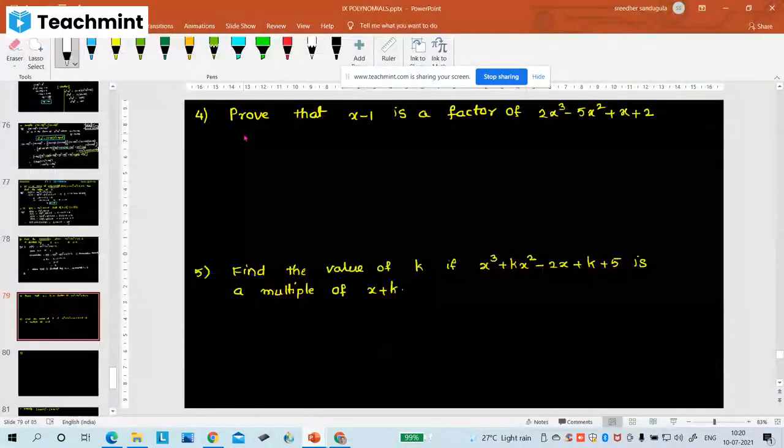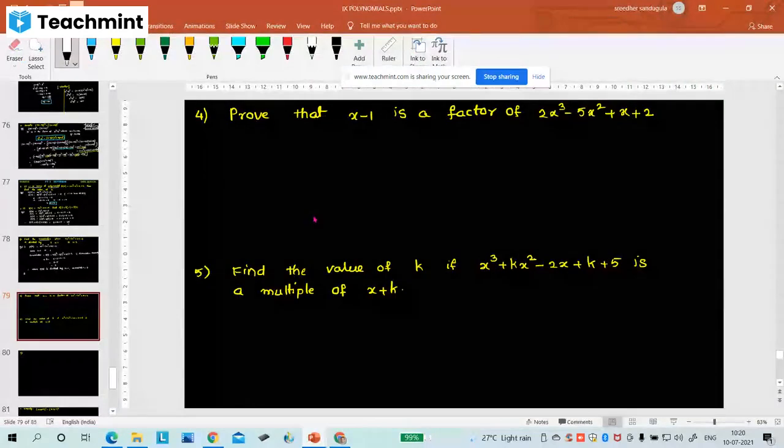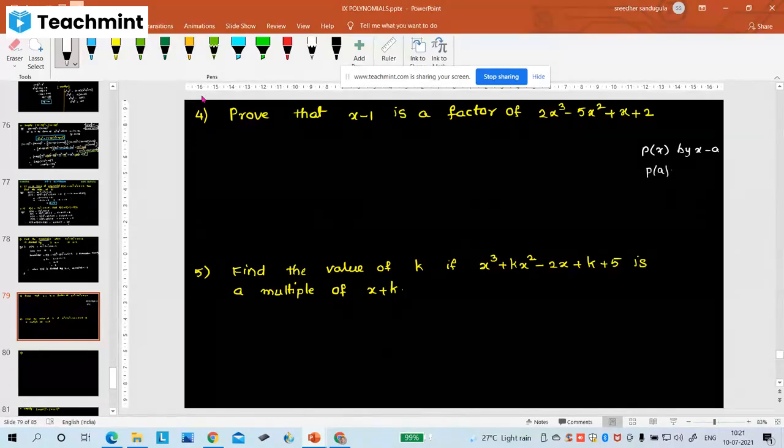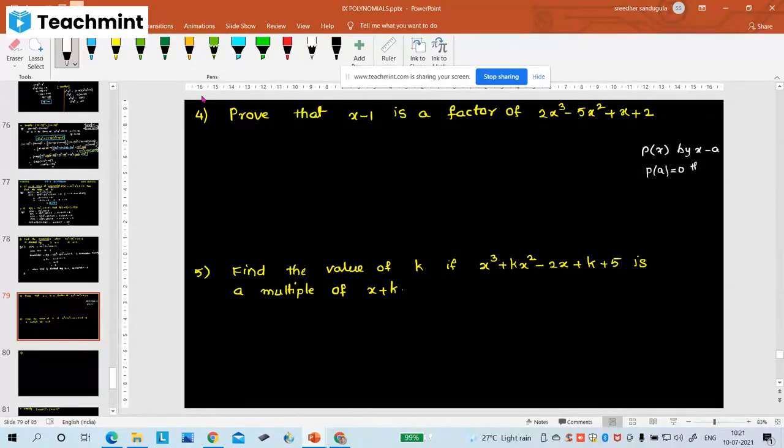So now the fourth question is: prove that x minus 1 is a factor of 2x cube minus 5x square plus x plus 2. This is based on the factor theorem, children. Let us recall what the factor theorem is. If P of x is a polynomial divided by x minus a, and P of a equals 0, then we can say that x minus a is a factor.